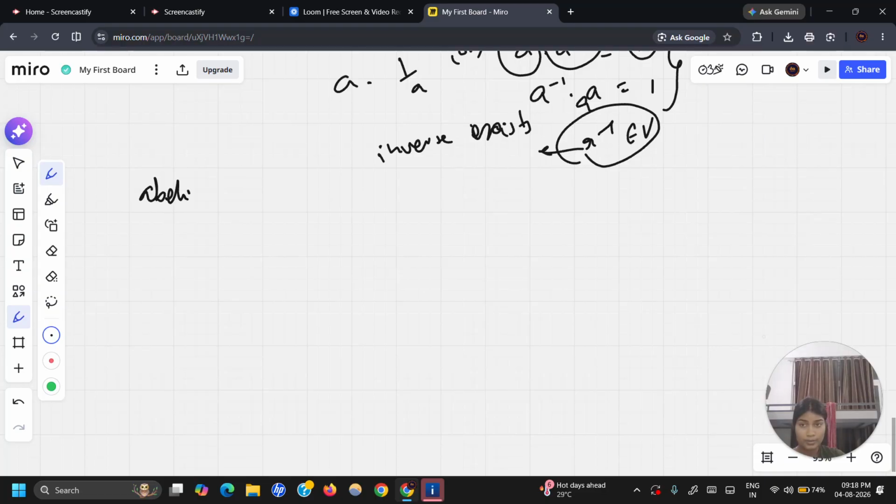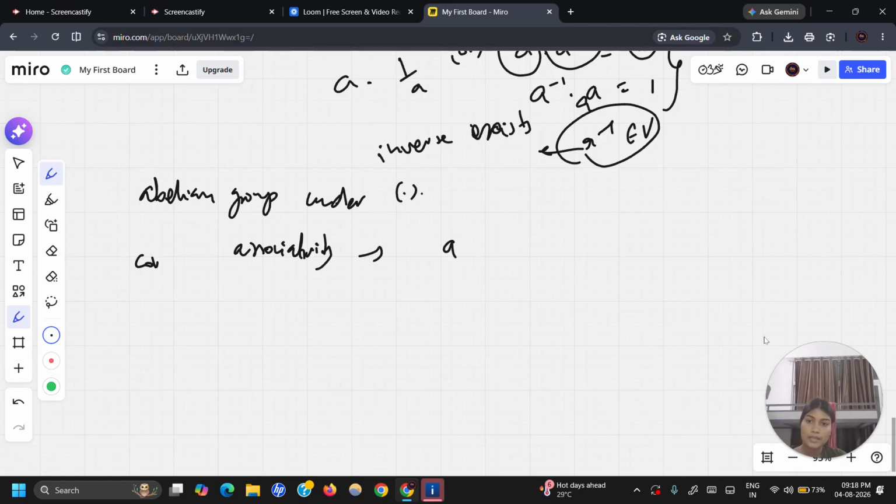So till now we have satisfied 4 axioms of group under multiplication, but we said this is an abelian group under multiplication. So we have other, and we forgot to prove associativity. Let's prove that. That means A into B into C equals A into B into C. Okay, so either way it could be anything.